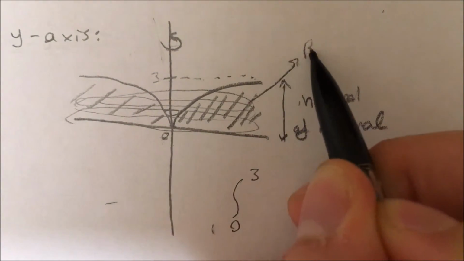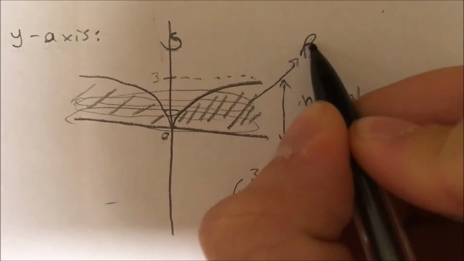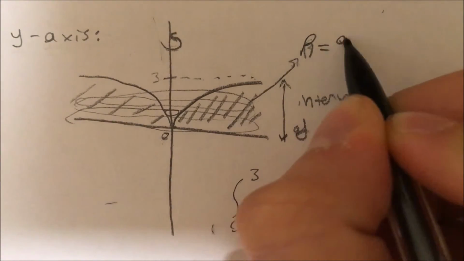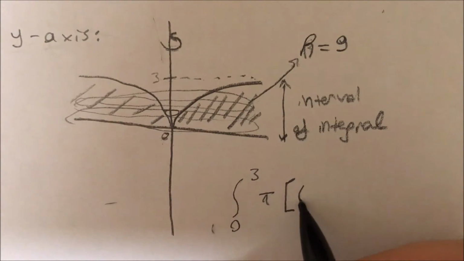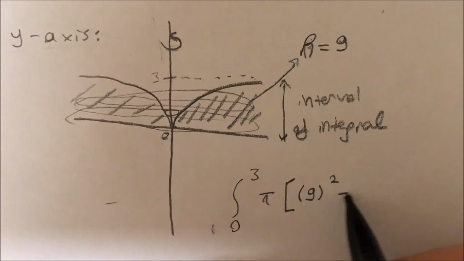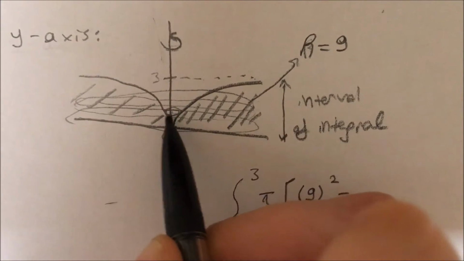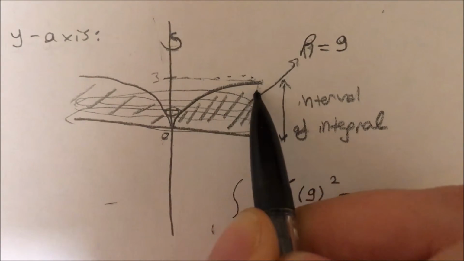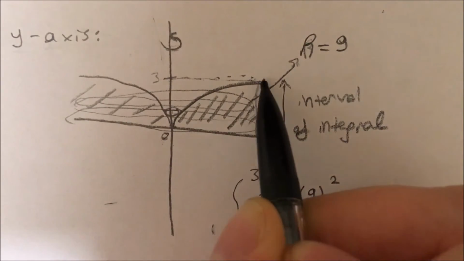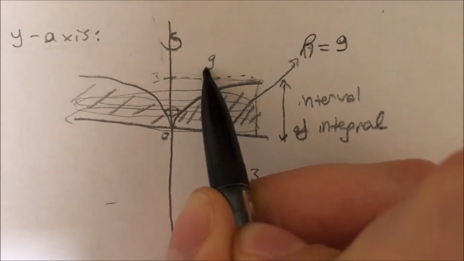Now that is our big R, and it's constant, and it's equal to 9. So we're going to again write our equation as first pi, and then we're going to put our parentheses, and then we're going to write the big R squared, which is 9 squared, which is also equal to 81. Now to find the small r, we need to look at the x values.